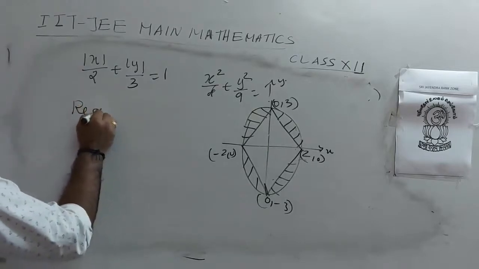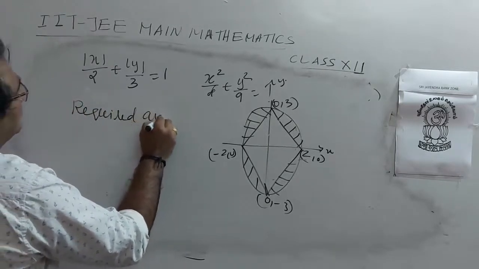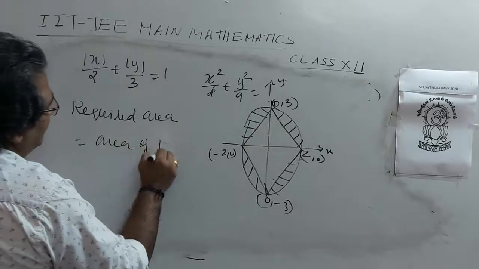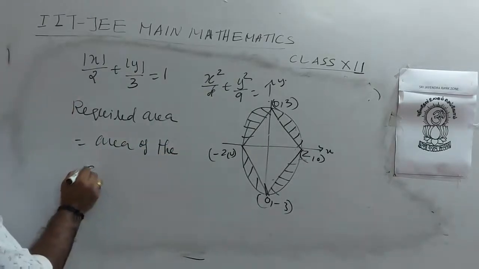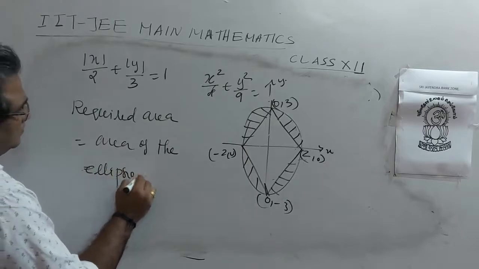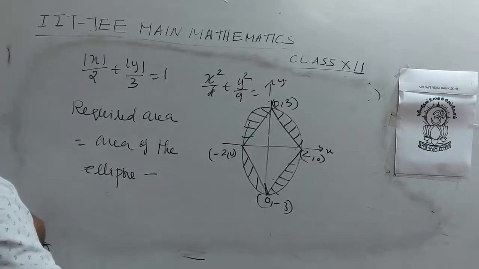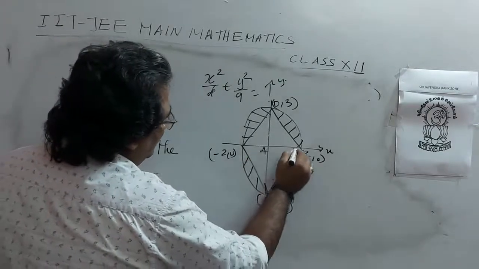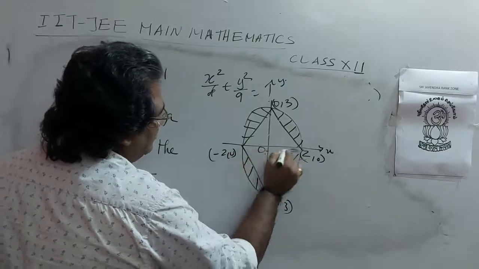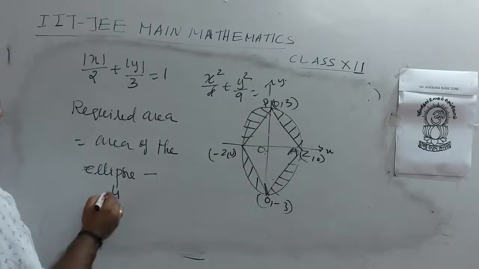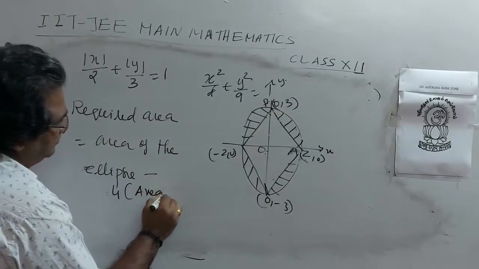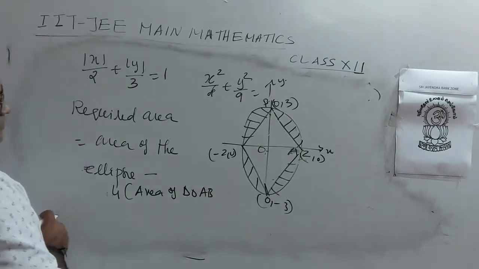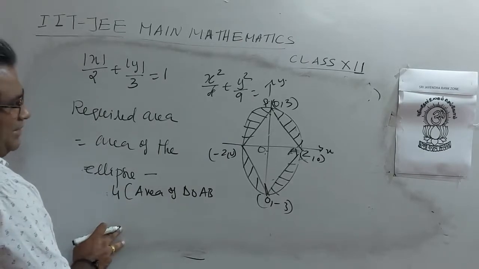Required area equal to area of the ellipse minus 4 times area of triangle OAB.